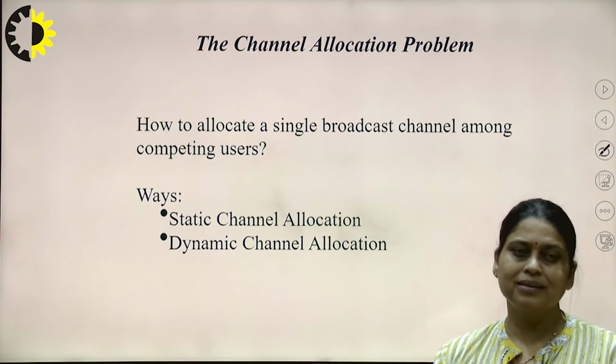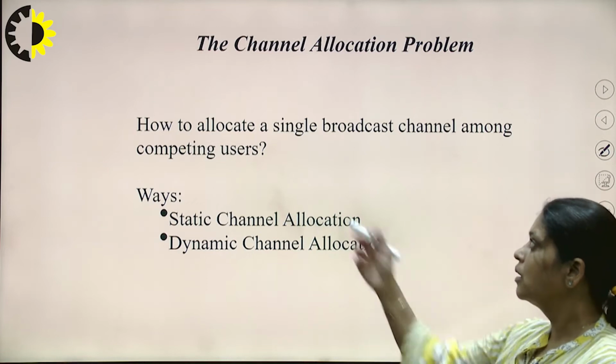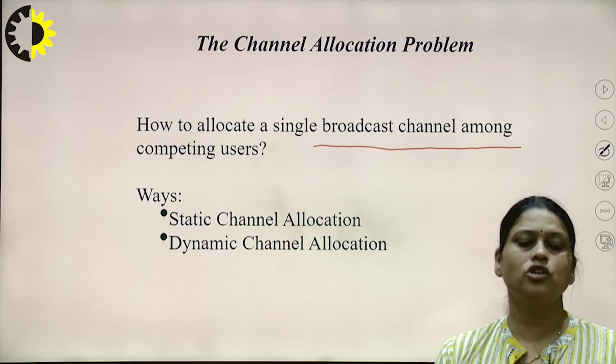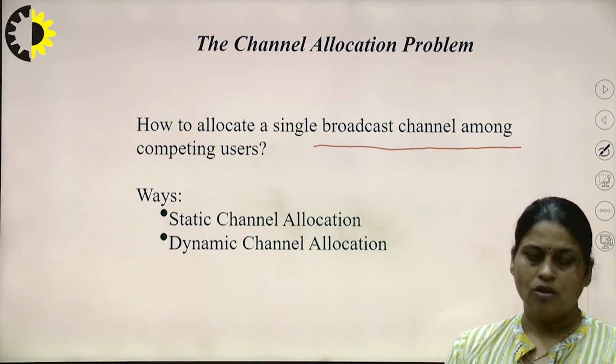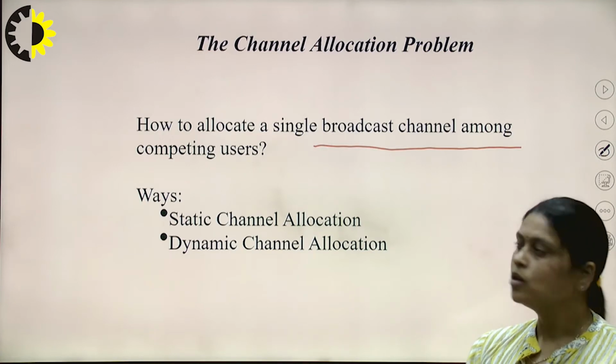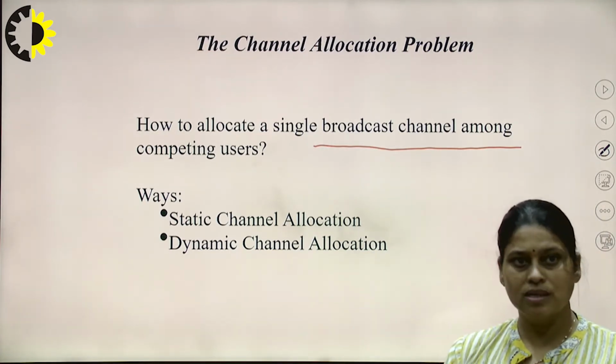The first major concern is the allocation of the channel, or how many users will use that channel. So how do we allocate a single broadcast channel among competing users?